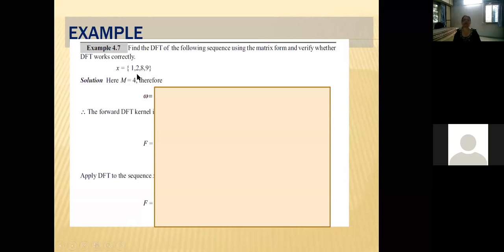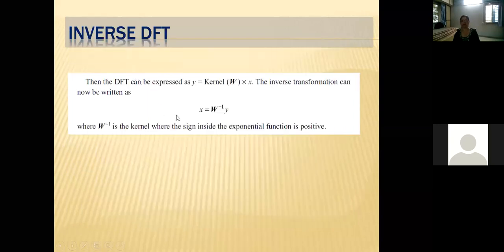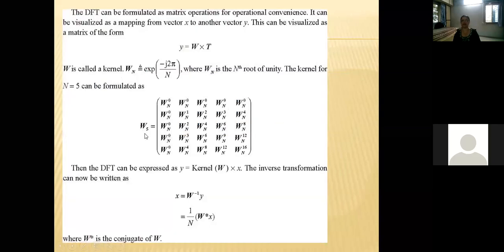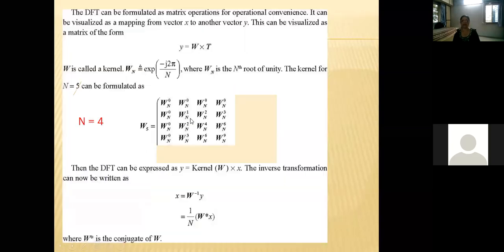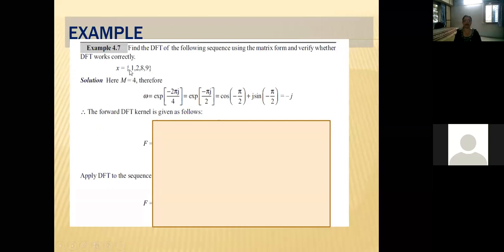So we need to determine this matrix W4, which has size 4 by 4. For determining W4, first we can determine this omega term or W term as e raised to minus 2 pi j by 4.